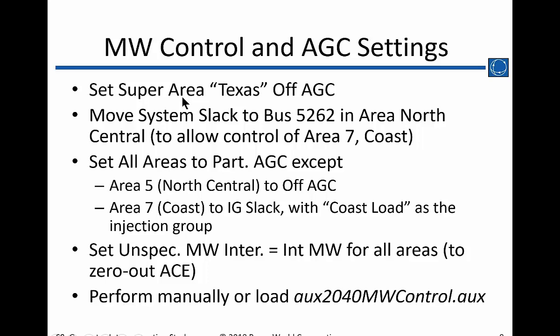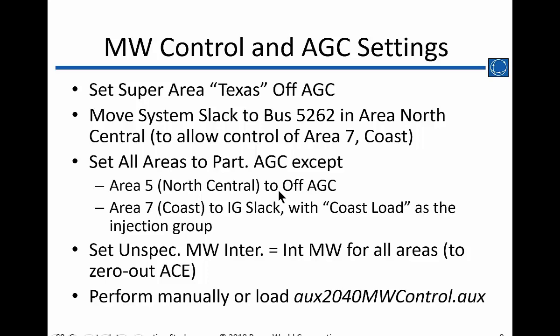We'll take that off of AGC and then allow the AGC to happen across individual areas. So that'll allow us to put transactions between areas, and then they'll actually take effect. If the super area was controlling, then a transaction between areas that were both in the same super area would be ignored.